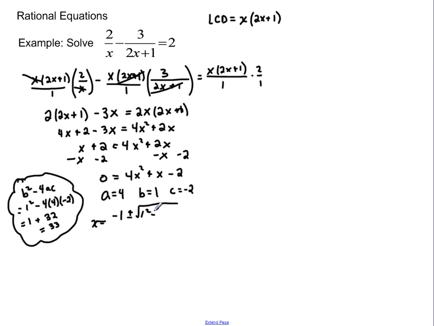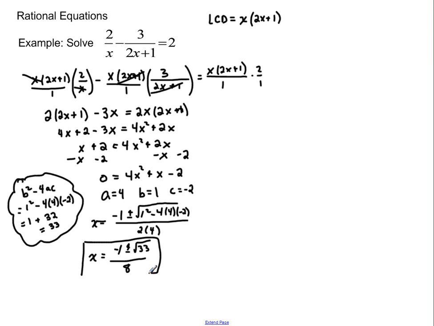We know what 1 squared minus 4 times negative 2 is equal to. All of that is going to be divided by 2 times 4. So it's equivalent to writing x is equal to negative 1 plus or minus the square root of 33 all over 8.